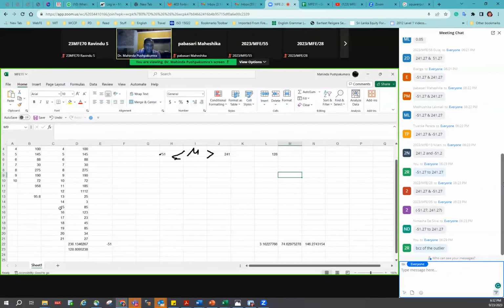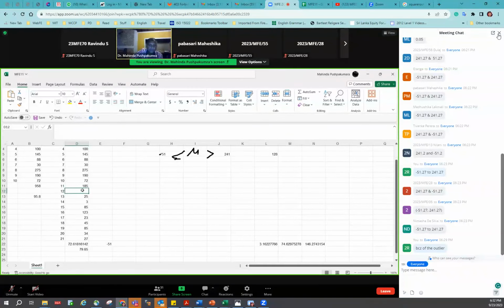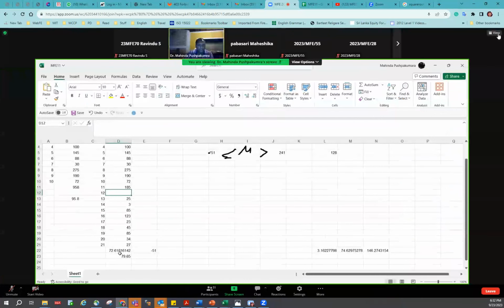The reason for this type of conclusion is this outlier. Then we can remove this one. If you remove this one, then you can see the standard deviation. Standard deviation now, this value. Sample mean is this one. Now again you can construct the confidence interval, plus or minus.